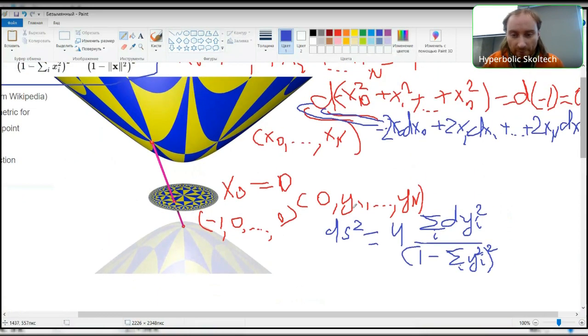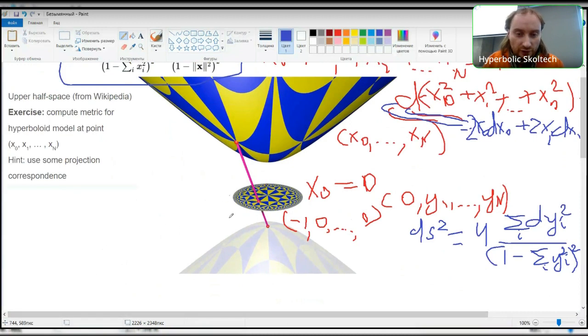Actually, first let us compute this translation function, what it is: how to compute y's from x's. Okay, so actually I made a mistake last time. This vector here equals x0 plus 1, x1, etc., xn.